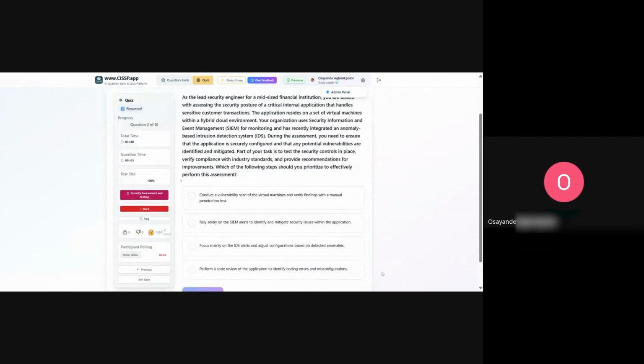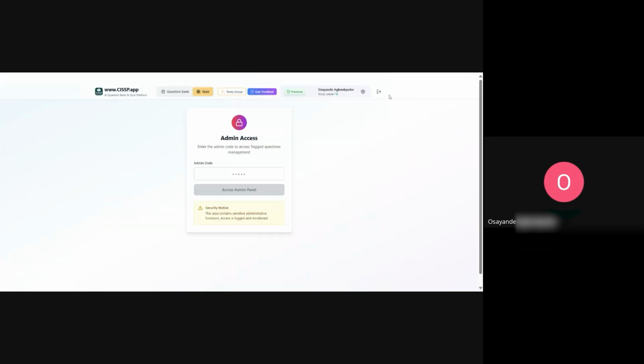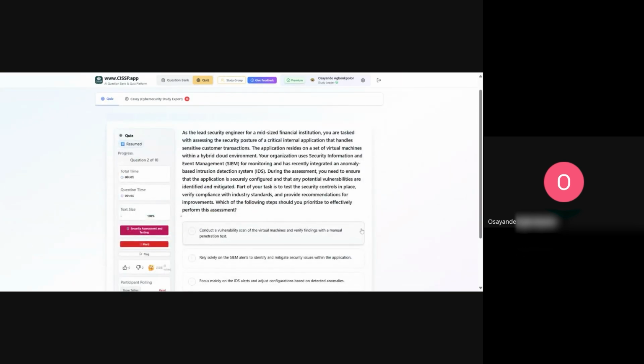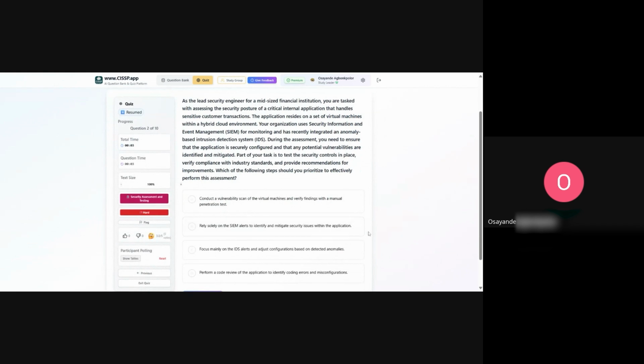As the lead security engineer for a mid-sized financial institution, you are tasked with assessing the security posture of a critical internal application that handles sensitive customer transactions. The application resides on a set of virtual machines within a hybrid cloud environment. Your organization uses security information and event management (SIEM) for monitoring and has recently integrated an anomaly-based intrusion detection system (NIDS).